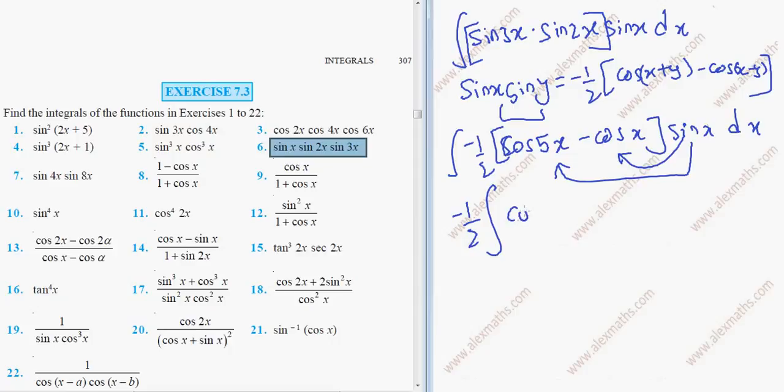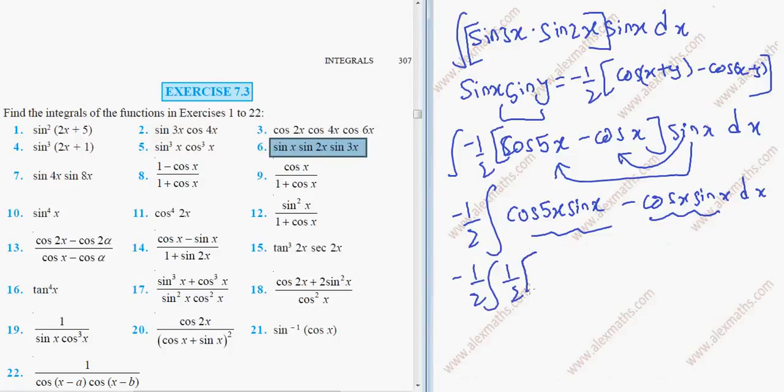When I multiply, I will get cos 5x sin x minus cos x sin x dx. Again we have a different formula for this. So minus half, again 1 by 2 sin of add both minus sin of subtract both. This is the sin 2x formula. So half sin 2x.